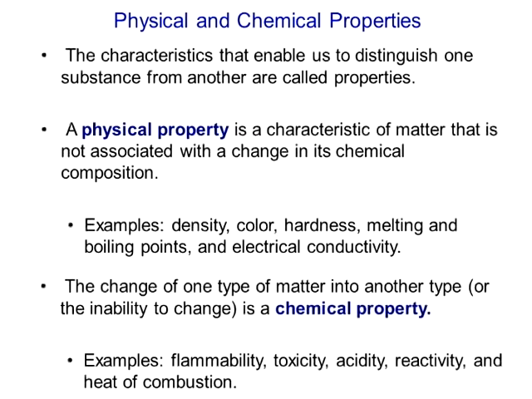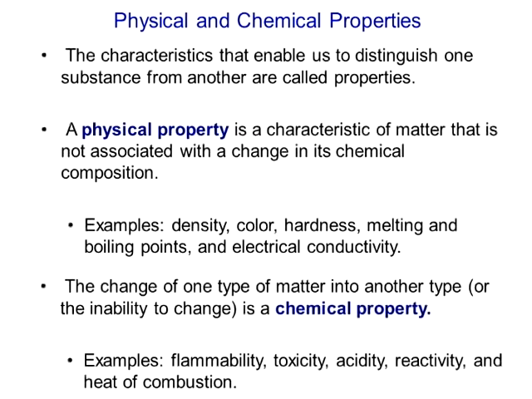Those properties are either chemical or physical. So that's what properties are. They allow us to distinguish one substance from another, and it occurs either by a physical property or by a chemical property.